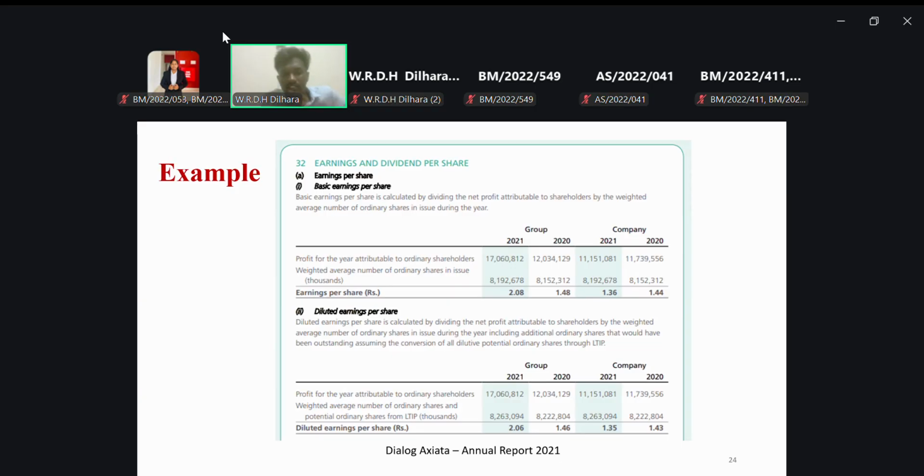So, annual report 2021. Okay? At least in 2024 there is a convertible instrument. That's the reason why diluted earning per share is still not available in the financial statement. They say that because there are no diluted potential shares.